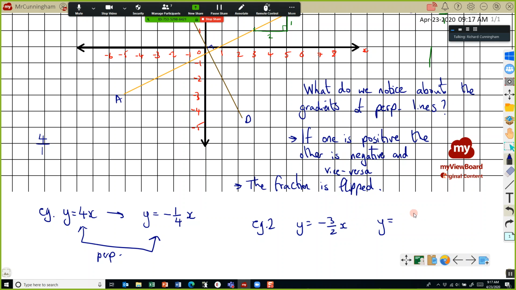So you flip it: 2 over 3 x. And if it's negative, then it becomes positive. Good. So if it's positive, it becomes negative. If it's negative, it becomes positive. And you flip it. Does that kind of make sense? Okay, good.